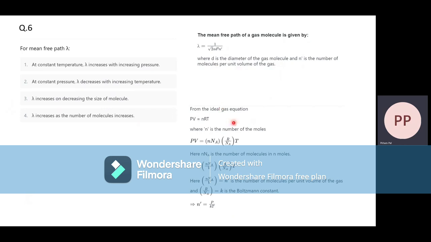From the ideal gas equation, we can write PV equals nRT, where n is the number of moles, so PV equals N times, the Avogadro number, times R by Na times T. Here Na is the number of molecules in a mole. Simply we can write this, and Na by V is basically the number of molecules per unit volume of the gas, and R by Na is the Boltzmann constant. So n prime equals P by kT.